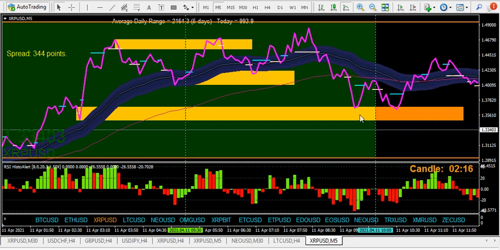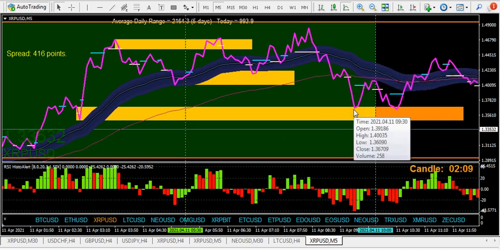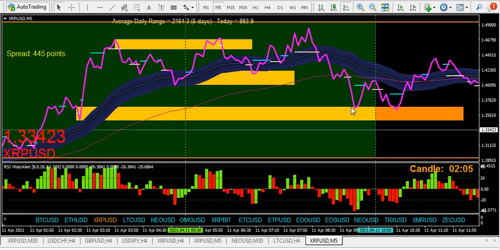It will come down to test resistance as support, which is done here, and then bounce. So always give yourself room to breathe, and remember to add the spread when you're taking shorts. That's important. So this move is over when this level is hit, and we are clearly inside a higher time frame trend.